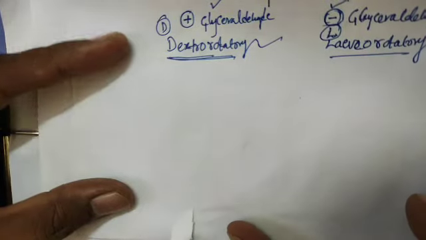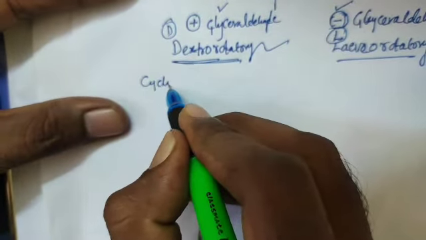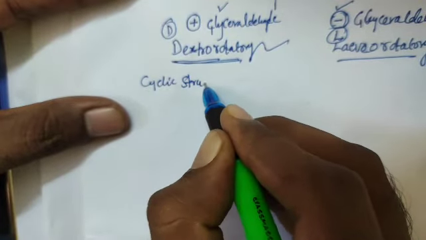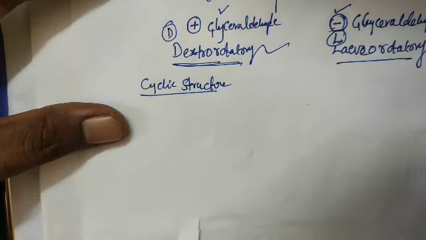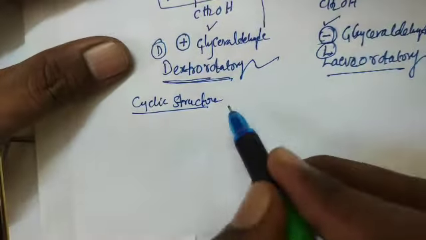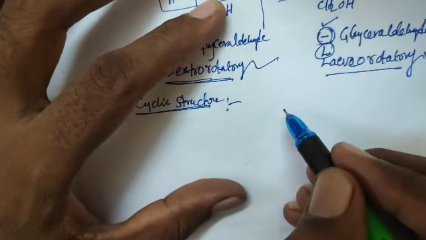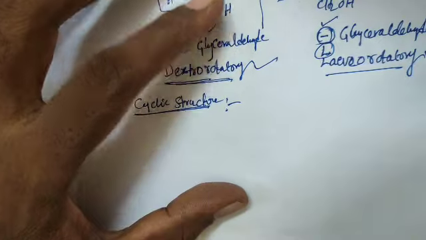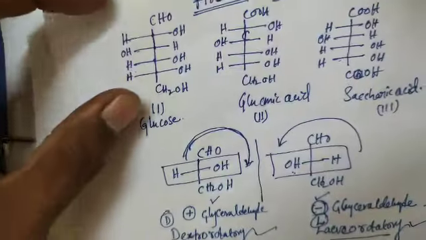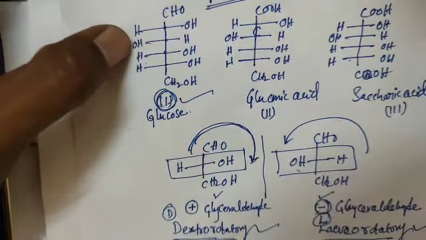Next, the cyclic structure of glucose. Is a cyclic structure available or not? We will check. The normal structure of glucose, molecule number 1, has some drawbacks.